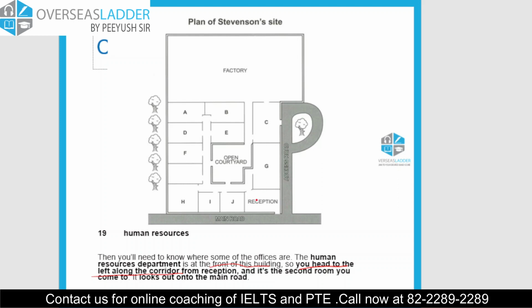Head to the left means you have to go left. And it is the second room you come to. So this is the first room and this is the second room you come to. And there's one more clarification. It looks out on the main road. So this is the main road. So this would definitely be I.